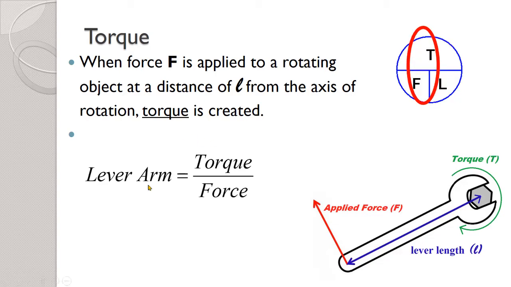Or if we're trying to find the length of the lever arm that we need in order to create our torque, we can divide the amount of torque we want to create by the force that we have available to apply. And if we know those two things, we can divide them, and that will give us the length of our lever arm. I would recommend copying down this TFL circle on your formula sheet. This will be one of two formulas that we're going to use a lot in our work today.